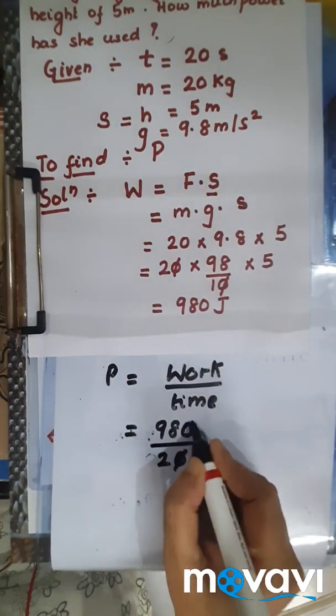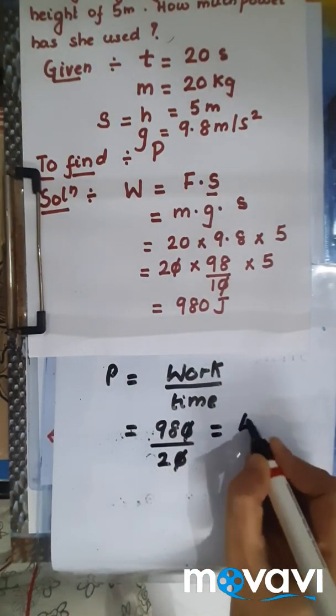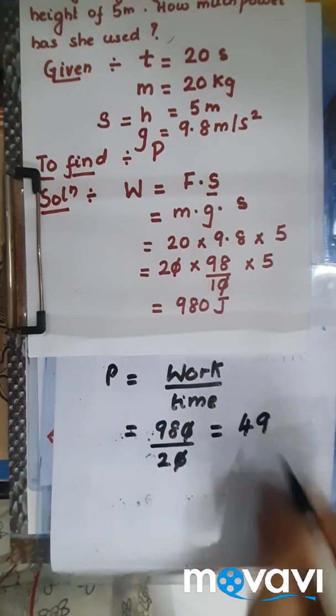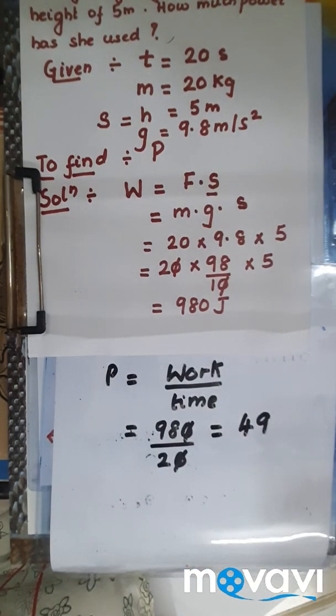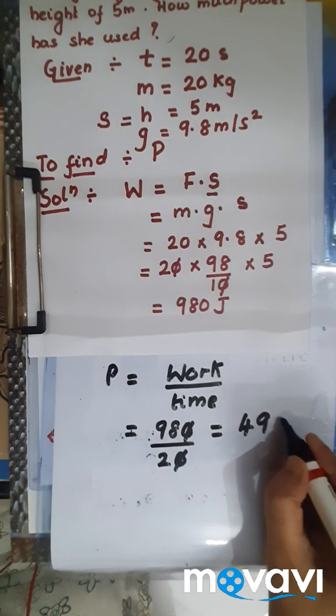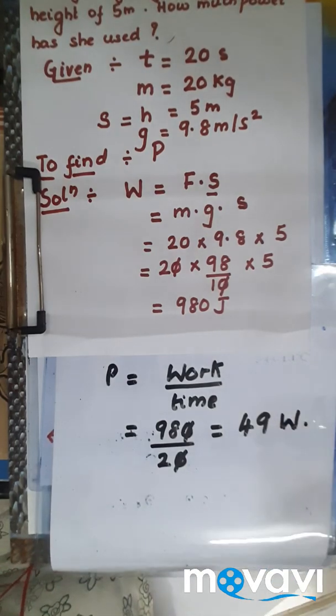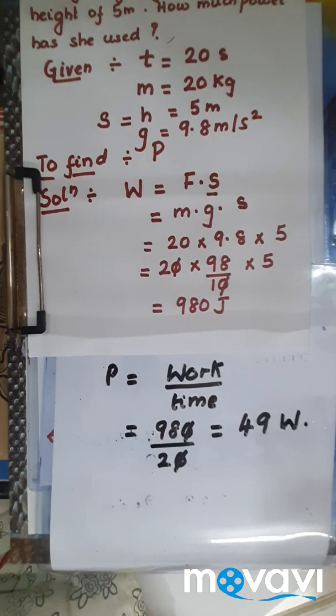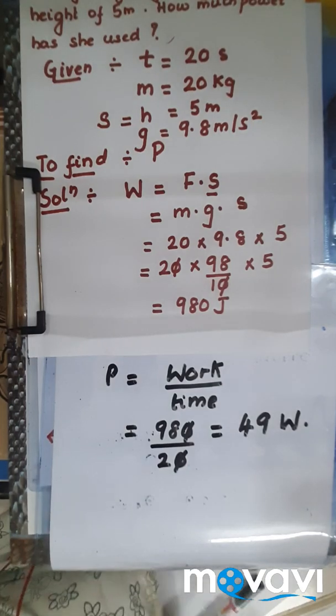So this 0 and this 0 gets cancelled. So my power is equal to 49 watts. Right. So in the textbook it is given as 40 seconds, which is not correct. Okay. This is the answer.